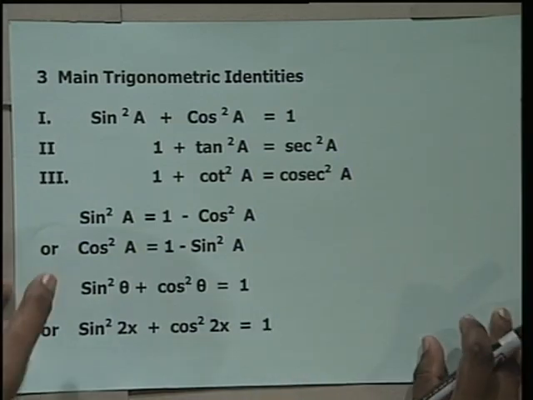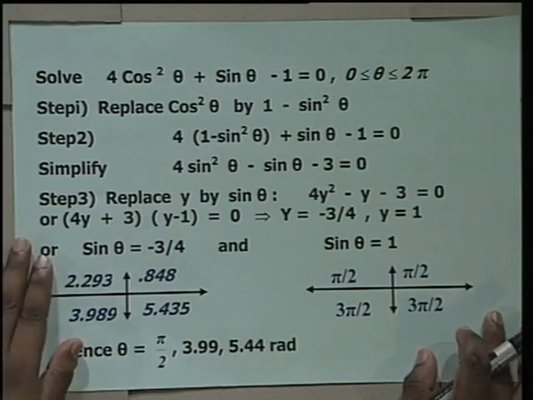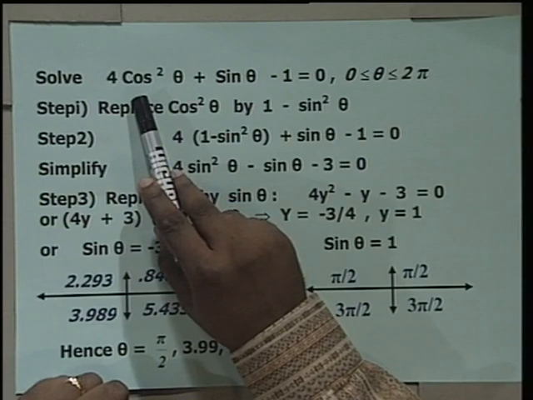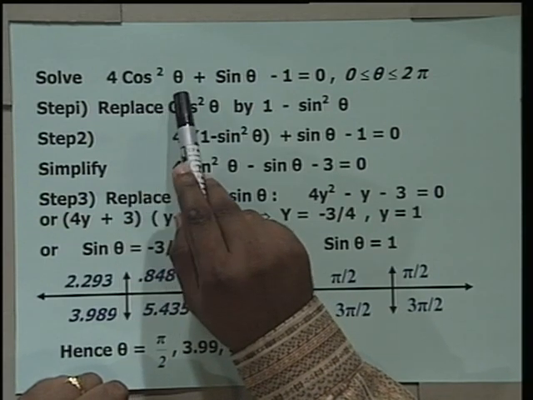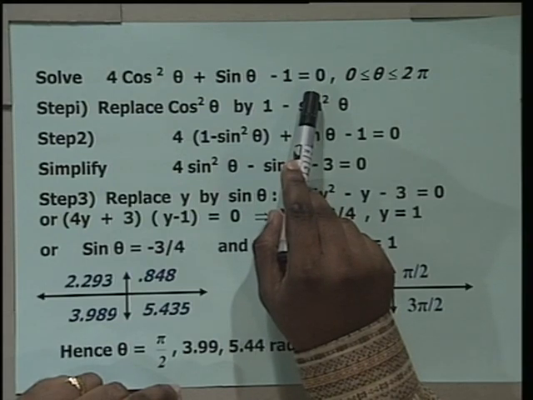We are going to now use the trigonometric identities to solve a trigonometric equation. The equation that we are going to solve is 4 cos squared theta plus sine theta minus 1 equal to 0.